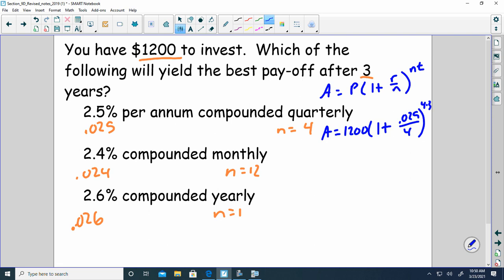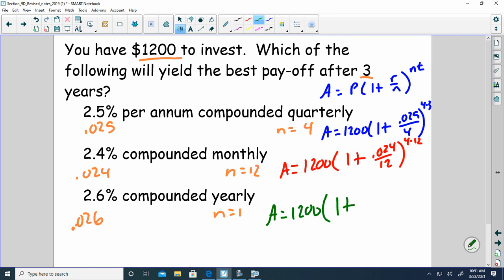The second equation, I'll do it in a different color. A equals still the 1,200 times (1 plus 0.024, compounded monthly, over 12) raised to the 4 times 12. And my last one, A equals 1,200 times (1 plus 0.026 over 1) raised to the 4 times 1.